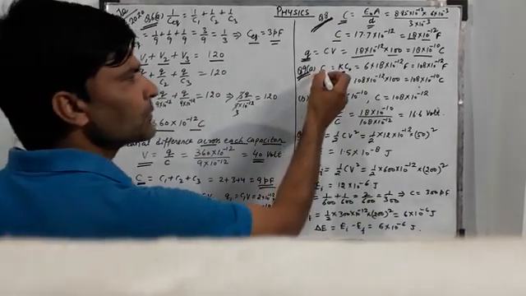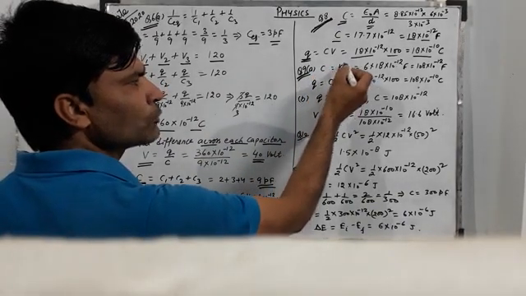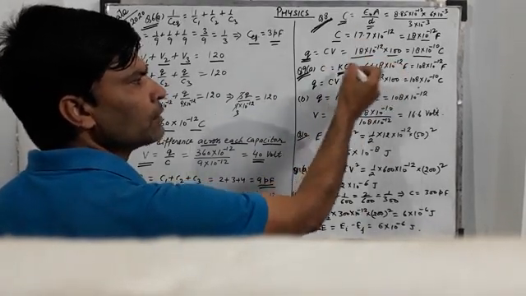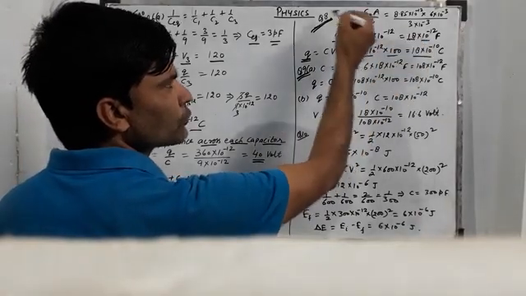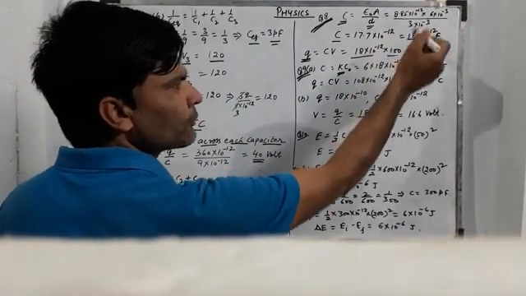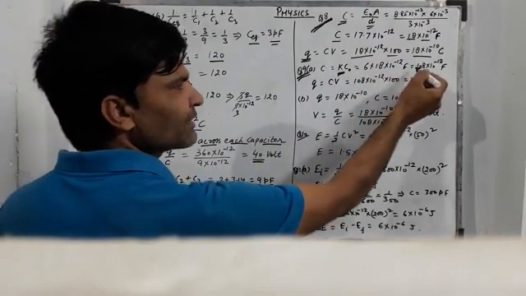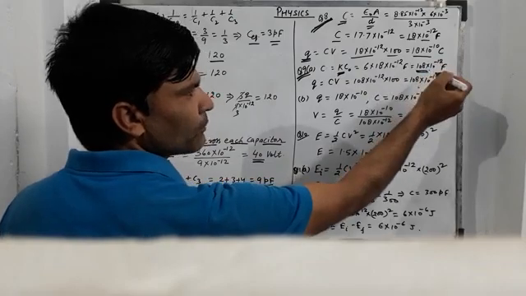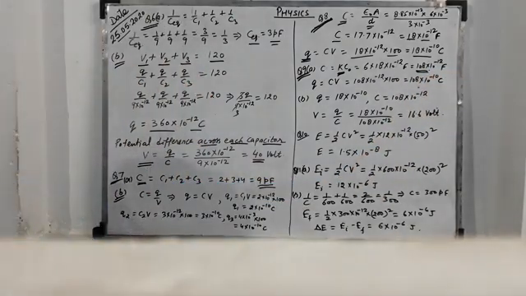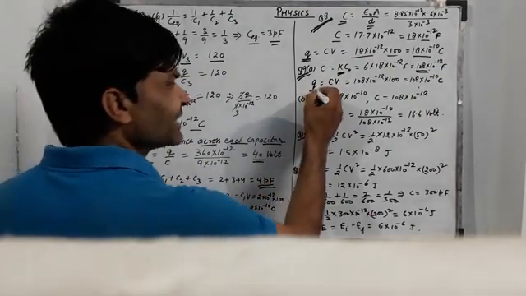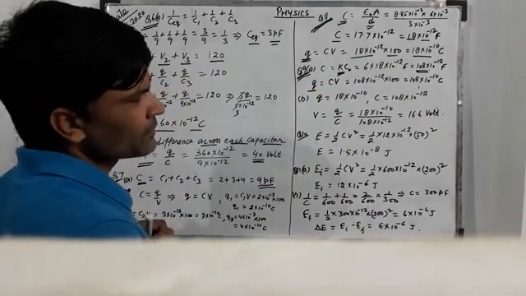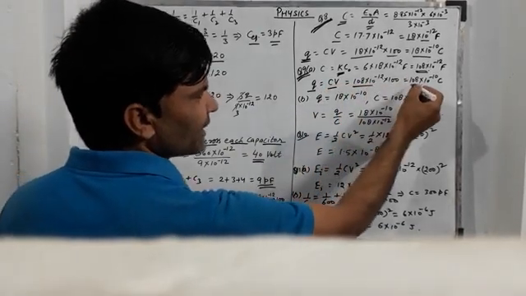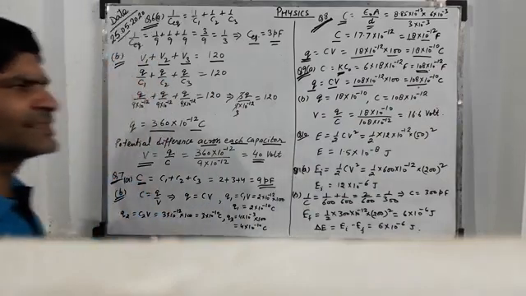Okay, so we get the capacitance C is equal to K C naught, and the value of K is 6 and C naught, this is from question number 8, that is 18 into 10 to the power minus 12. By putting the value, we get 108 into 10 to the power minus 12 farad. Okay. In this case, the charge on capacitor is equal to CV. Then by putting the value, we get 108 into 10 to the power minus 10 coulomb.